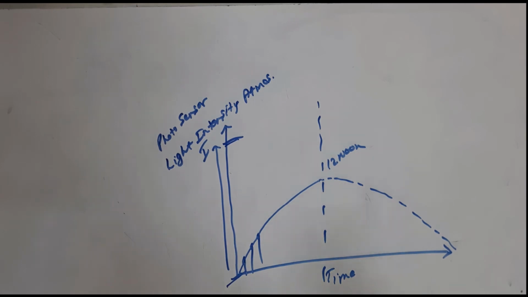So all the physical quantities in nature, for example speed, light intensity, pressure, temperature, anything which we measure, are analog in nature.